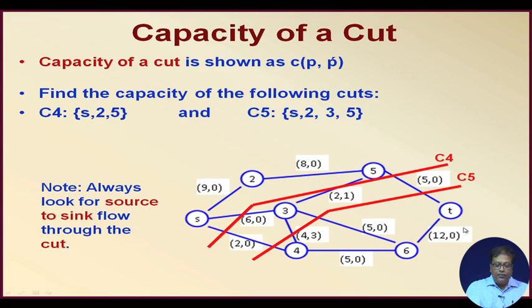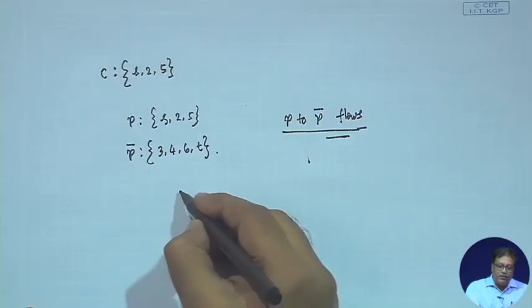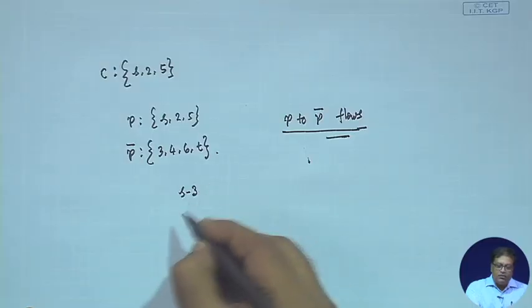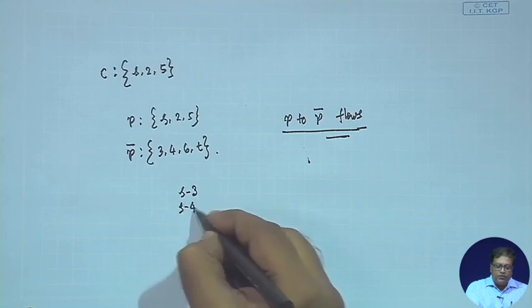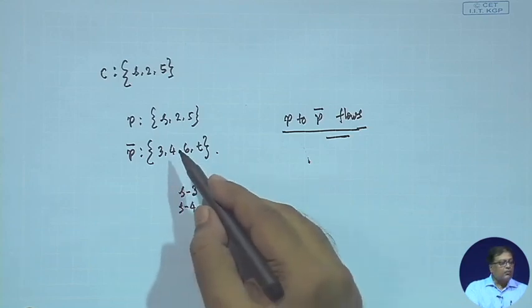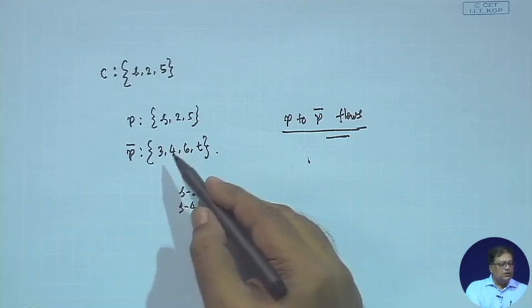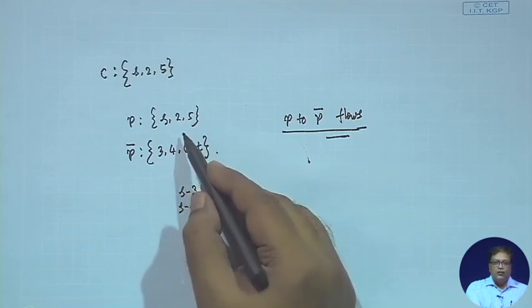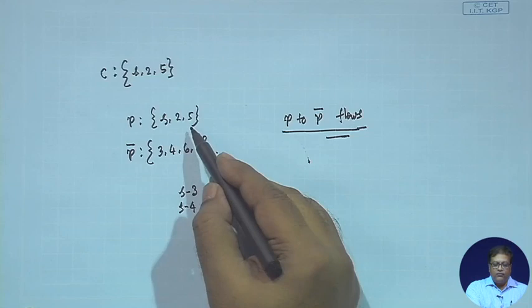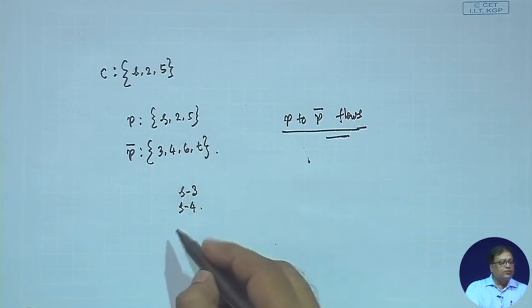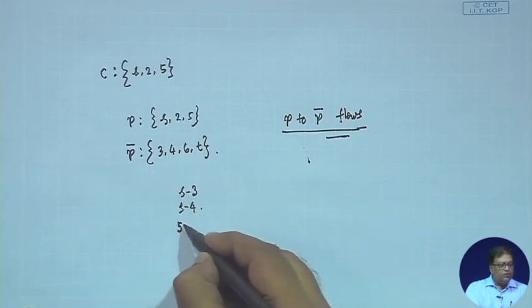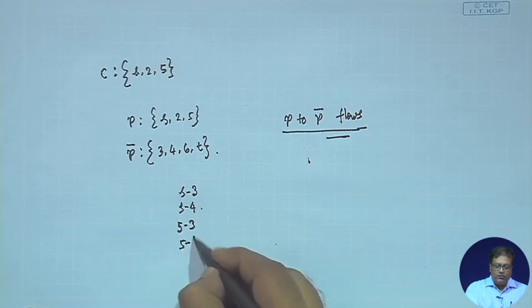So, out of them, what is available is S to 3, S to 4, then from 2 nothing is there, no arc is there from 2, and from 5, 5 to 3 is available and 5 to T is available.